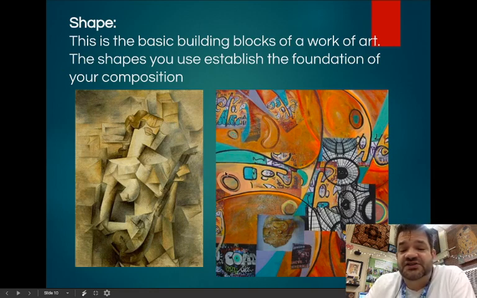All right? Geometric shapes, like the one on the left, they feel robotic. You can see the figure of this woman. This is a Cubist painting, and it's a figure of a woman, and she's playing a mandolin, and it feels robotic to us. She feels like a robot, and that's because geometric shapes feel man-made. Because if you look at the things that we make, buildings, tables, chairs, floors, these things are all made out of geometric shapes.